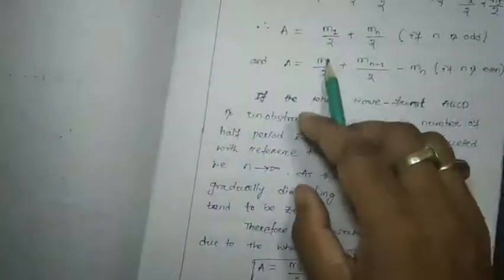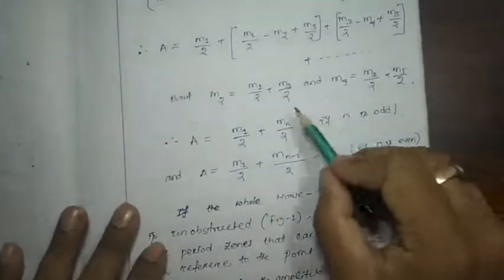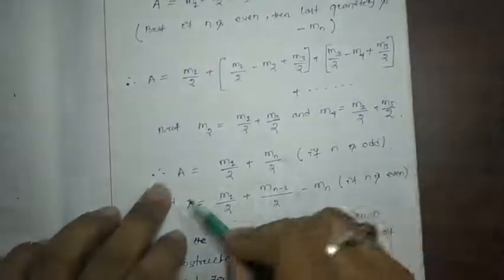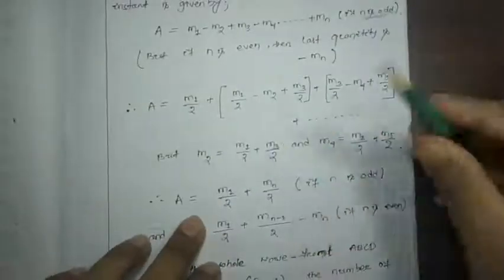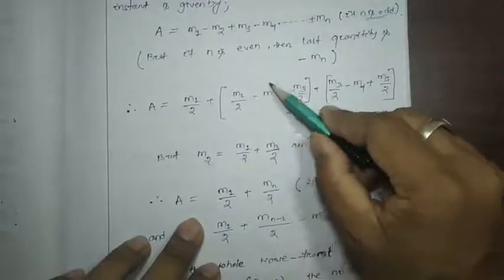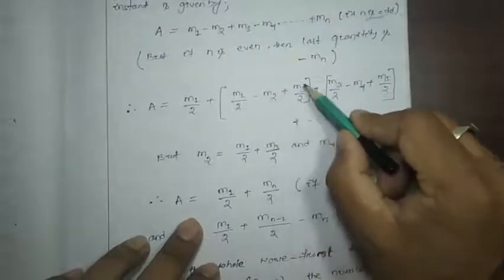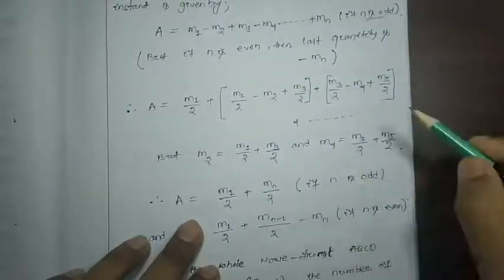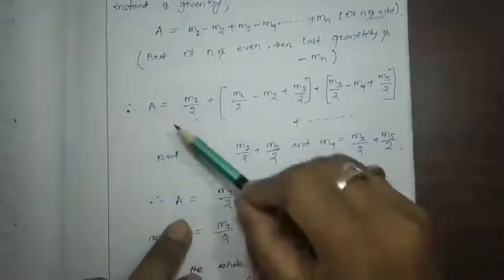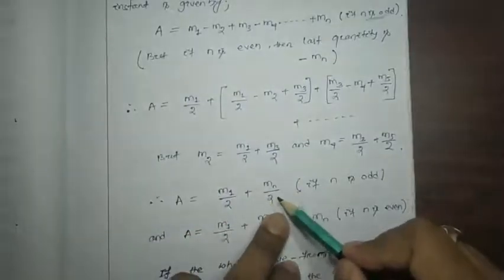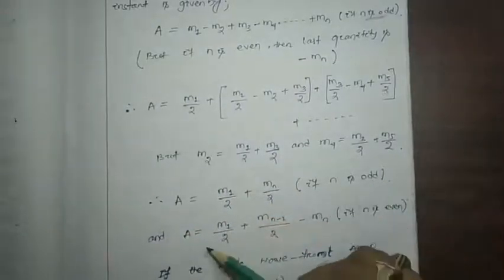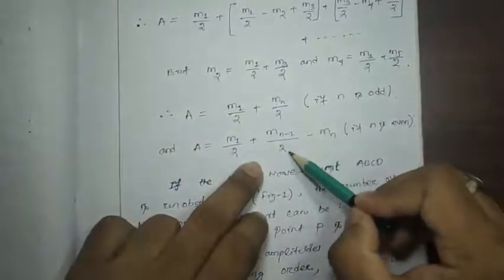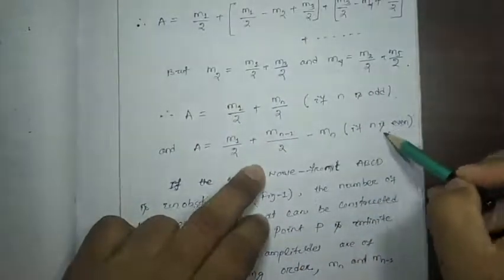Putting this in, and similarly for M4 as M3 by 2 plus M5 by 2, A will be equal to: M1 by 2 plus M3 by 2 minus M2 is nothing but zero, so these terms cancel out. We get A equal to M1 by 2 plus Mn by 2 if n is odd, and likewise A equal to M1 by 2 plus M(n minus 1) by 2 minus Mn if n is even.